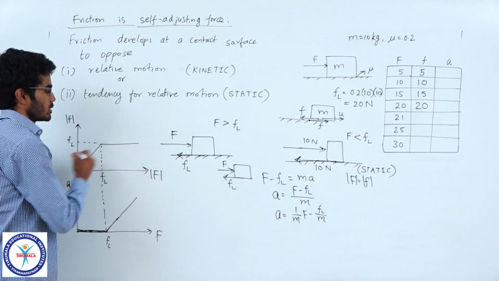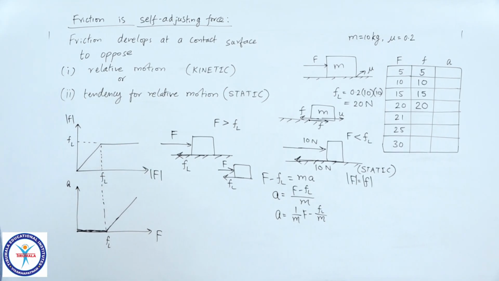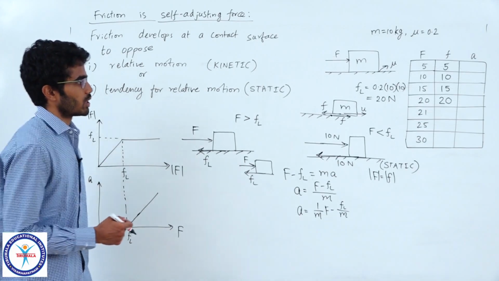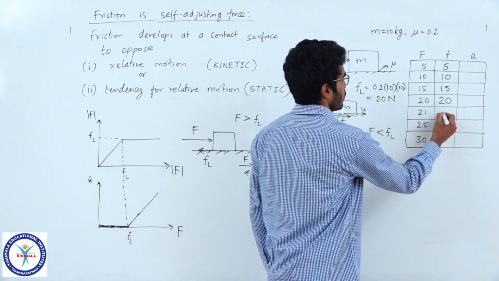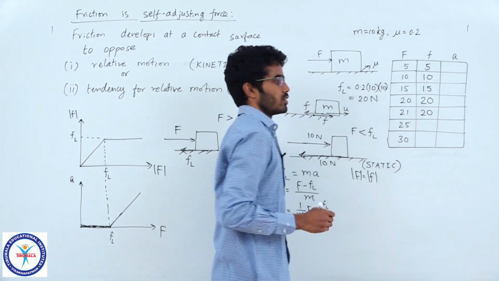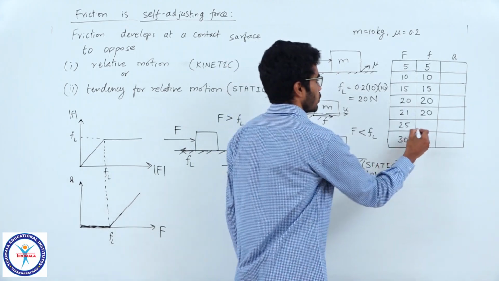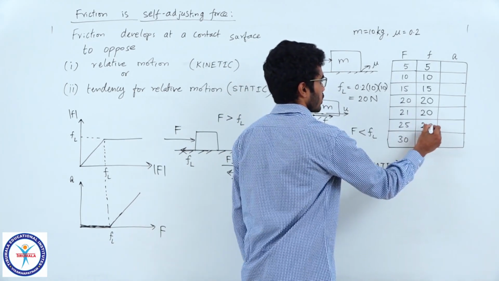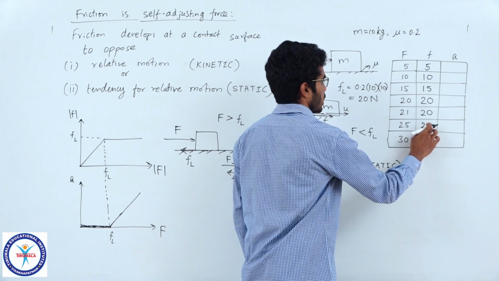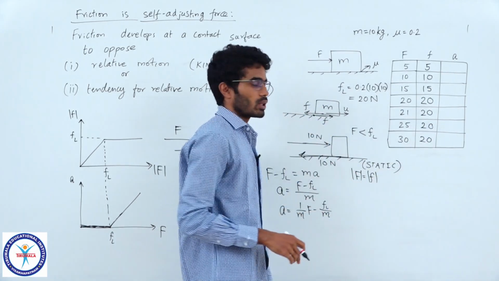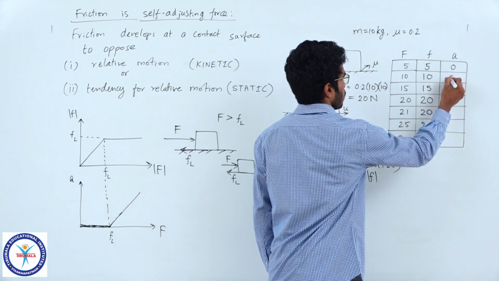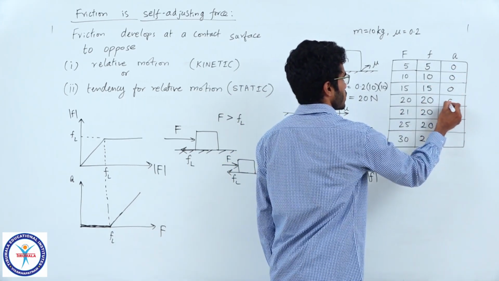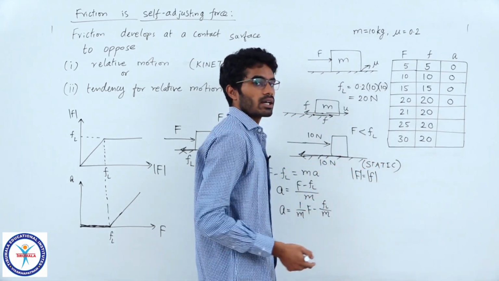So, let us fill our table now completely. What happens here if the force is 21? What did you find? The force of friction will be only 20, here also 20, here also 20. It does not increase more than that. Now, acceleration in this case will be 0, here it will be 0, 0 and 0, because the forces are cancelling out.